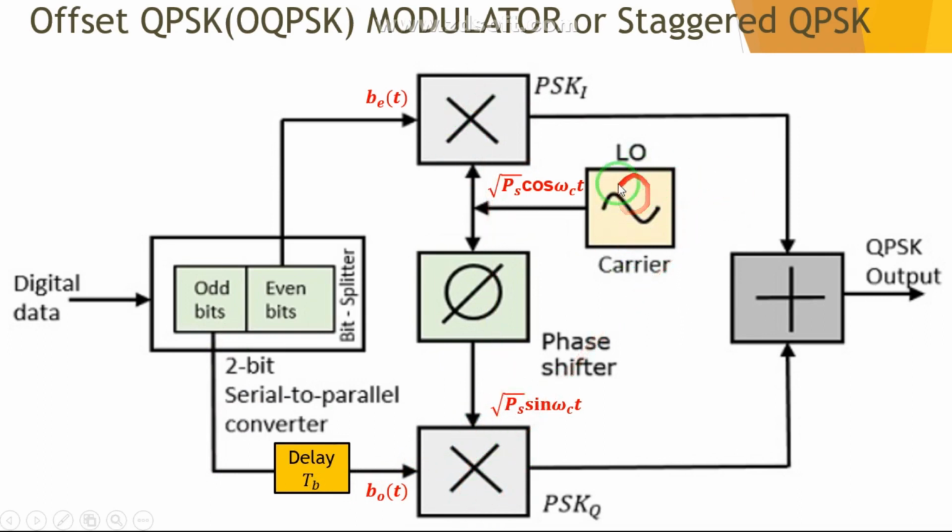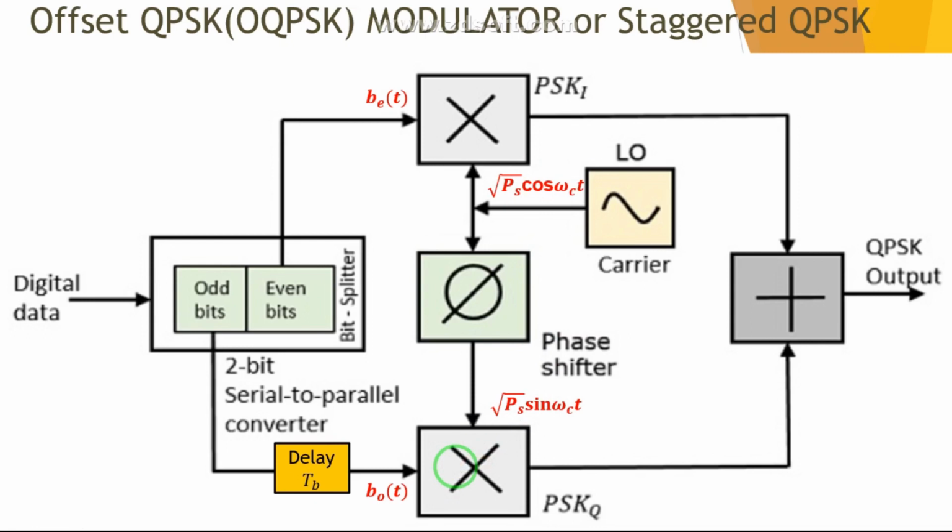Over here, a local oscillator generates the carrier, which is root P_S cos omega_c t. Since there is a phase shifter, it changes the phase of the cosine. When the phase shift takes place, it becomes sine omega_c t. So this is the second multiplier.